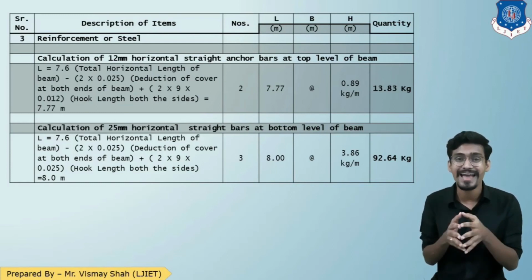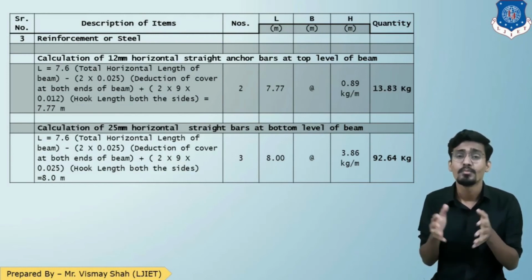So we'll get the length as 8 meter. Now numbers is 3, length is 8 meter, and for 25 mm, 25 square by 162 will be 3.86 kg per meter. So we'll get the weight for 25 mm straight bars as 92.64 kg.